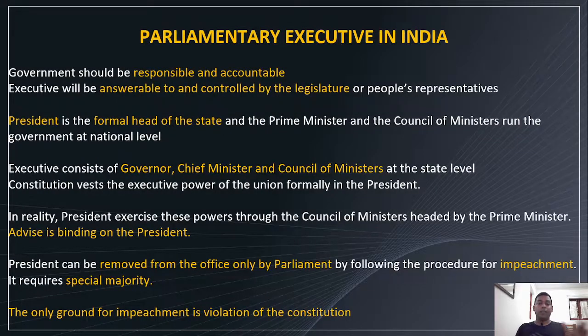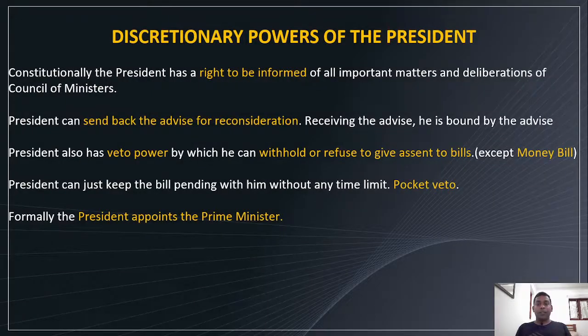Then parliamentary executive. Then discretionary power of the President. President possesses right to be informed, send back the advice for reconsideration, veto power. He can stop the government actions. That's what veto power is. It is a legal power which can be unilaterally applied to stop government actions or executive actions.